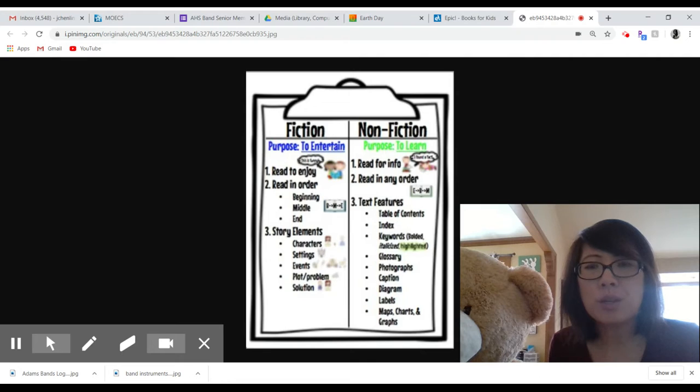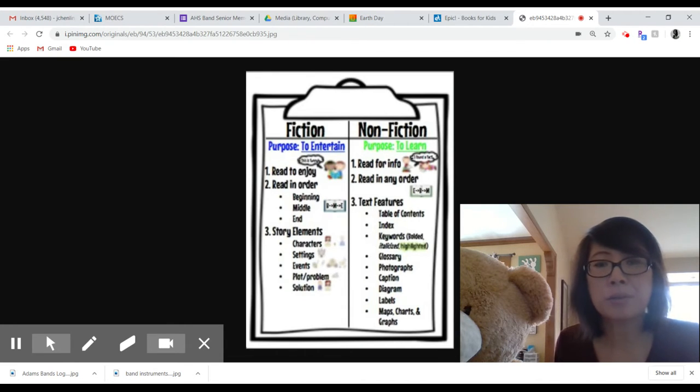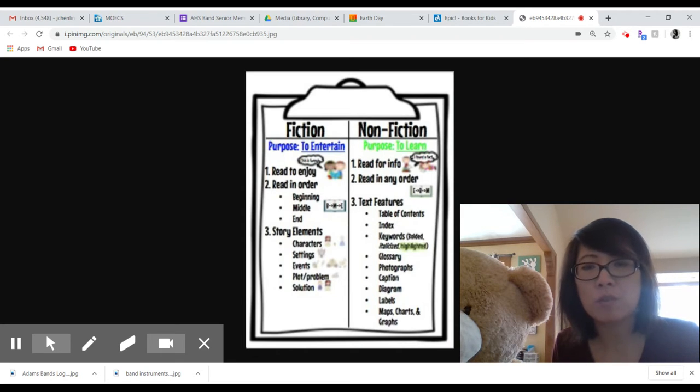When we look at a fictional story, we are usually talking about different story elements, such as character. Now, these characters in the story could be people like us, boys and girls who are going through a problem in the book, just like you and I would encounter a problem in real life.